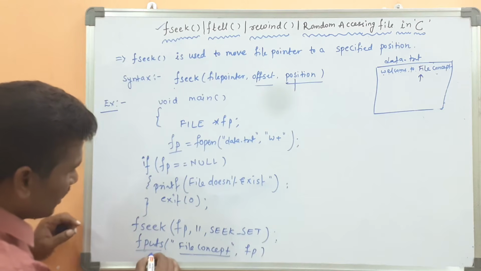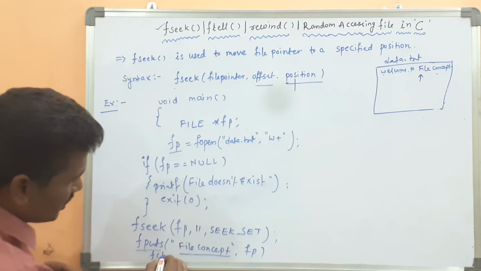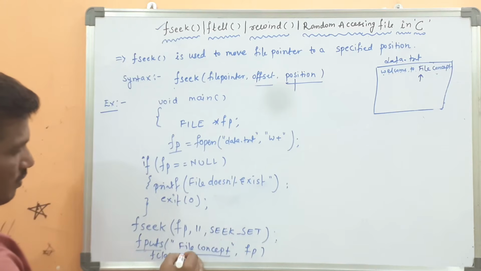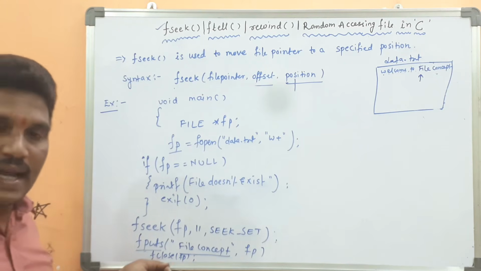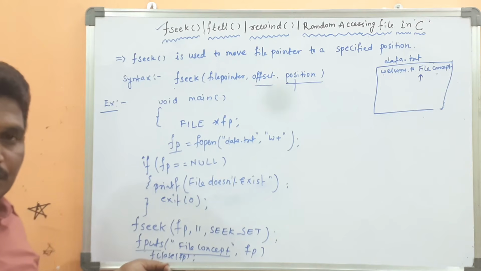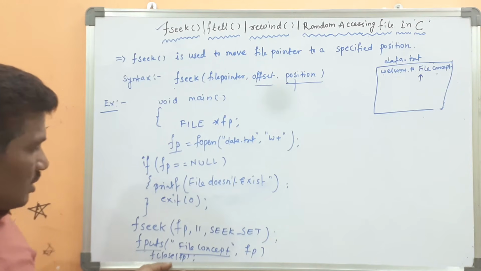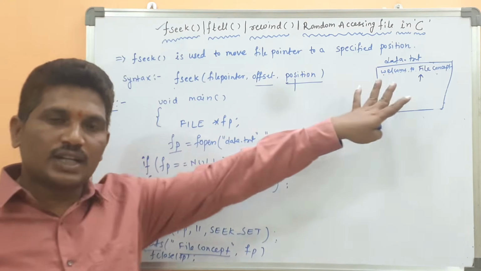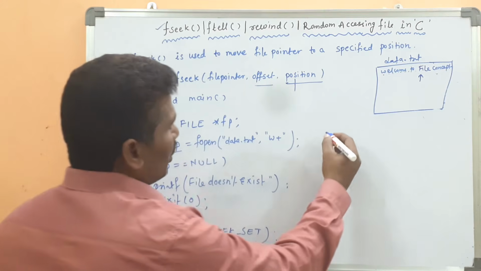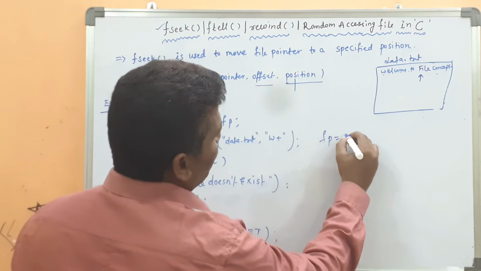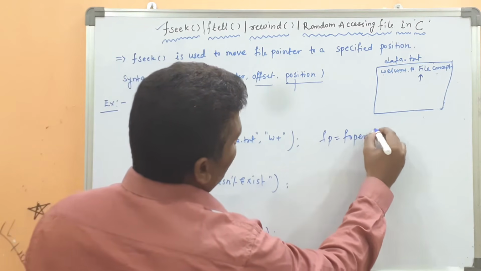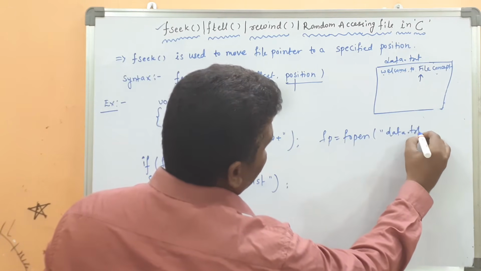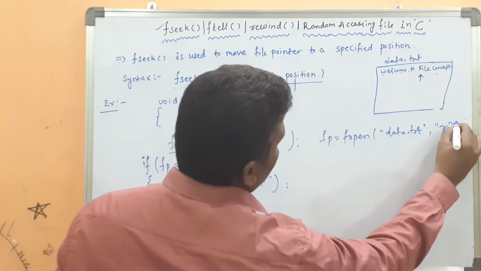After that, fclose. Then the file has closed. If you want to read the content from the file, you have to open the file again: fopen data.txt in read mode.